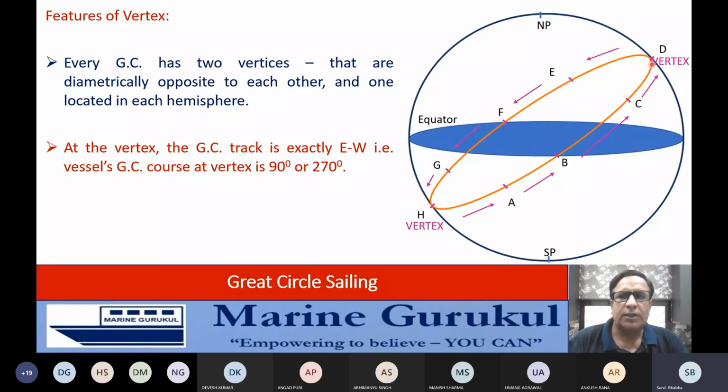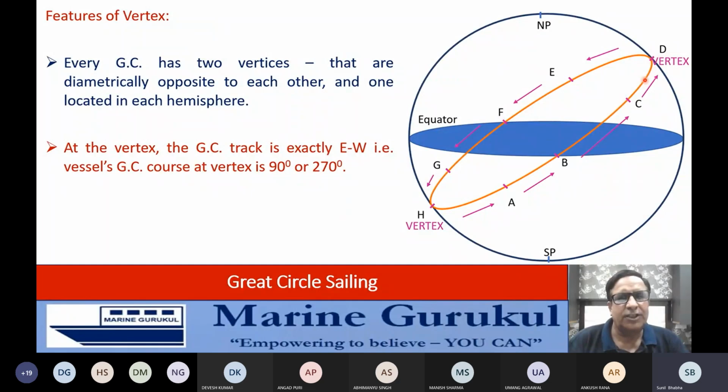Now, we also know that if the northerly latitude has started decreasing, the course must be now having a southerly component. Therefore, the vessel, as it was moving along here, the track here, had a northerly component of the course, then it has the southerly component.